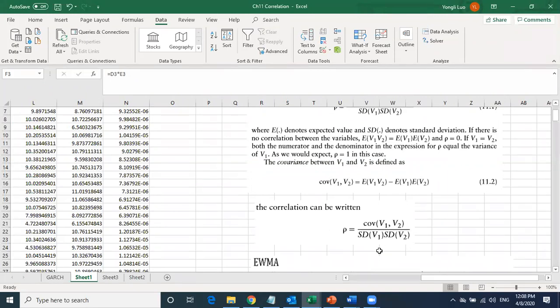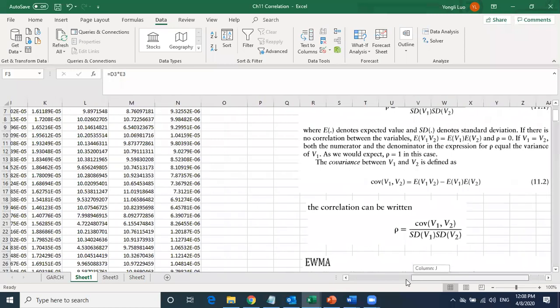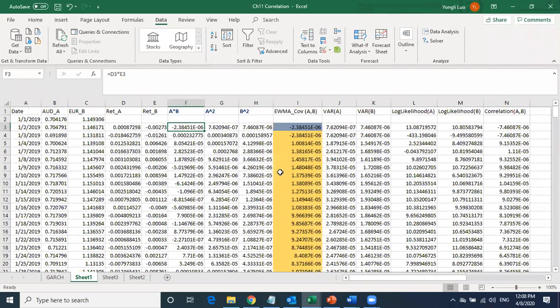That's the correlation. Now we wanted to know the covariance. We start with the first one, which is the covariance between the two assets, using the same numbers we have.